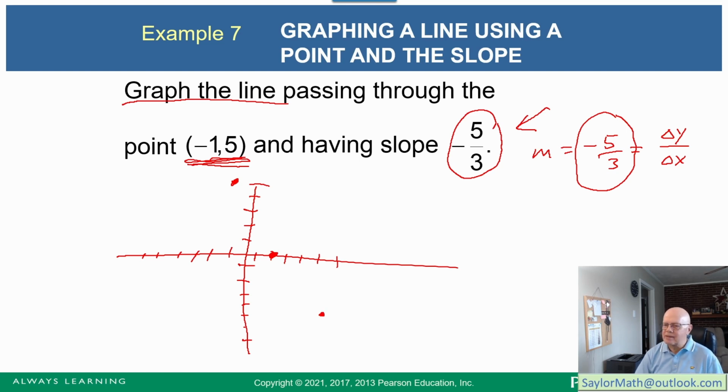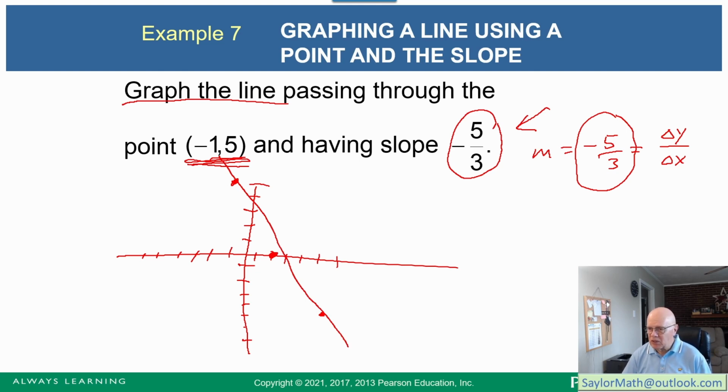We've got 3 points, and if you eyeball it, even on my graph, it looks as though they're lined up. So get your straight edge, which I don't have here. Connect those with a nice straight edge, a little bit better than I did.